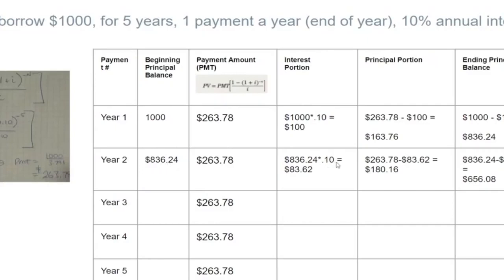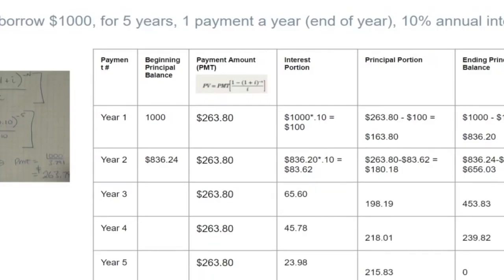That was going to incur 10% interest, so $83.62 is the interest. We subtract that interest amount off the payment, and that gives us how much goes towards principal, which is $180. We subtract that from the beginning balance, and that means we've got $656 left. So at the end of year two, we owe $656.08 on the loan.